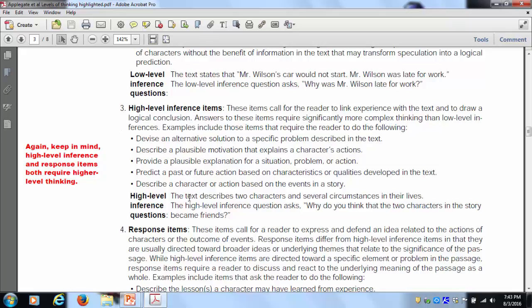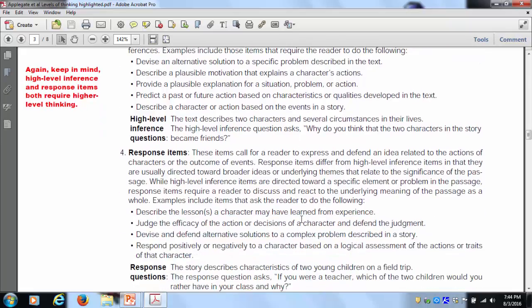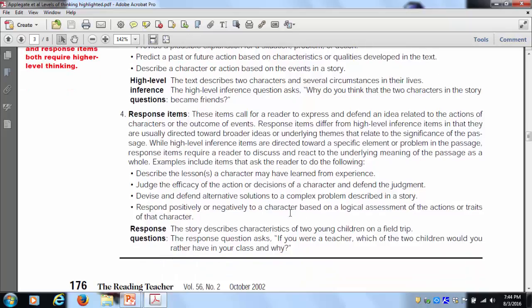Notice this. The text describes two characters and several circumstances in their lives. So an inference question that required higher level reading skills would be, why do you think the two characters in the story became friends? Do you see what you have to do? You have to make inferences about ranges of information in the story that you've connected. That's a standalone category, higher level inference.